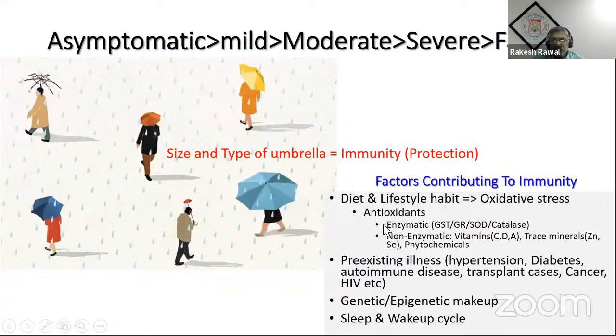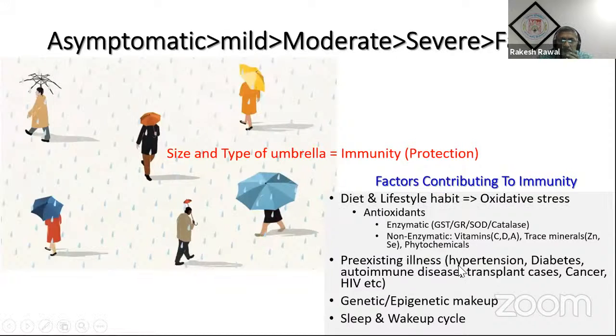There are enzymatic antioxidants in the body, which we are born with or can develop: glutathione transferase, glutathione reductase, superoxide dismutase, catalase. Whereas non-enzymatic antioxidants are the vitamins that we supplement or derive from our food, trace elements like zinc, selenium, and the phytochemicals. So the role of phytochemicals comes as a non-enzymatic source of antioxidants.